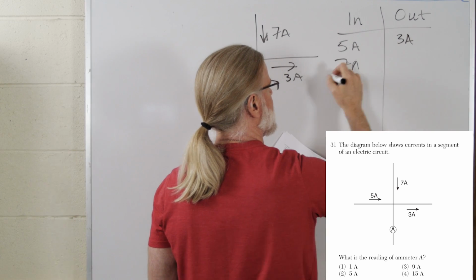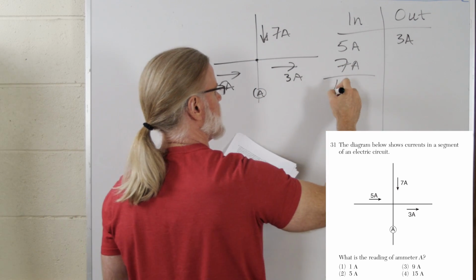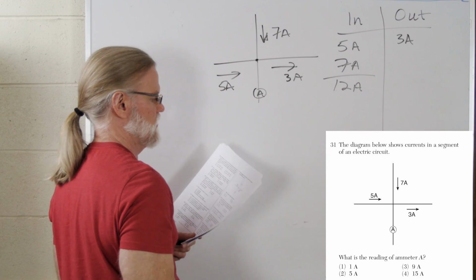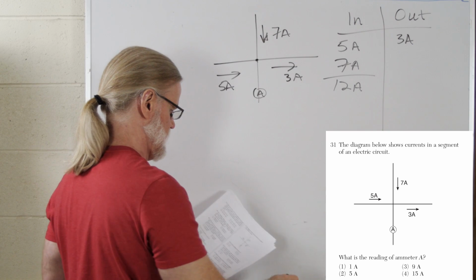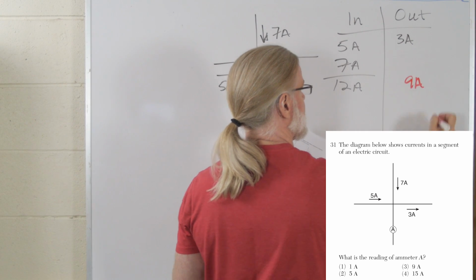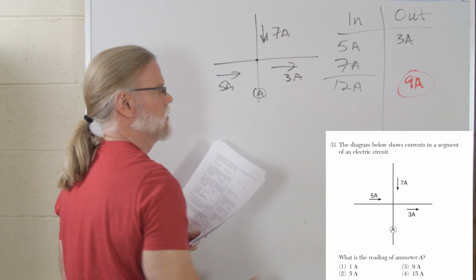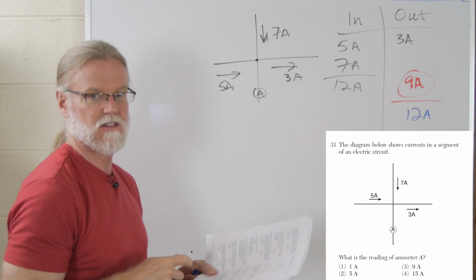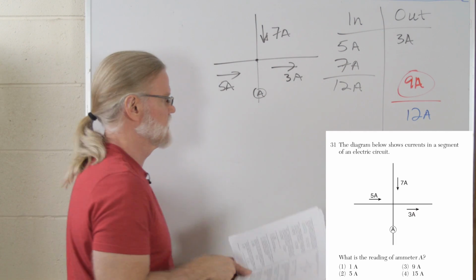Add these up, that's 12 amps. And what do I need to add to that to give 12? 9 amps. I need 9 amps to balance that out, 12 amps. And they would be balanced. The amount of charge in equals the amount of charge out.